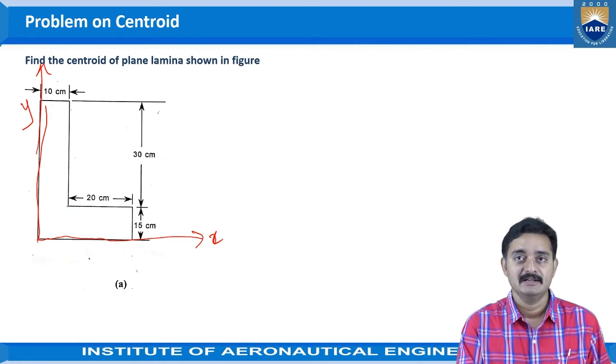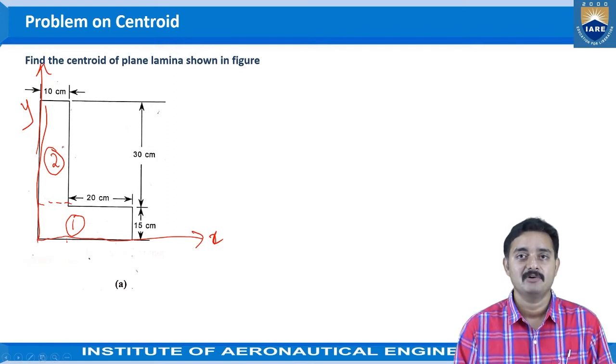Either we may divide this shape here like this, so that this is part 1 and this is part 2, two rectangles, or else we can divide this given lamina here, so that this would be your first rectangle and this would be your second rectangle.